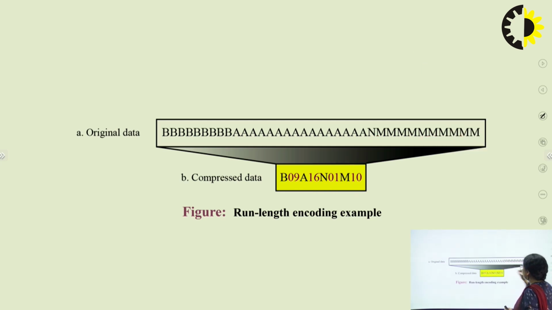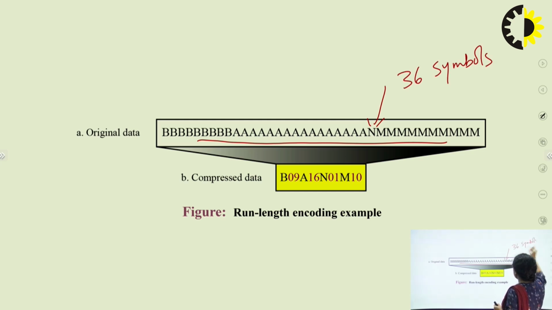So this entire string of data, made up of 36 symbols, is to be compressed, and we apply a compression technique. After compression, the number of symbols that we have is 1, 2, 3, up to 12.